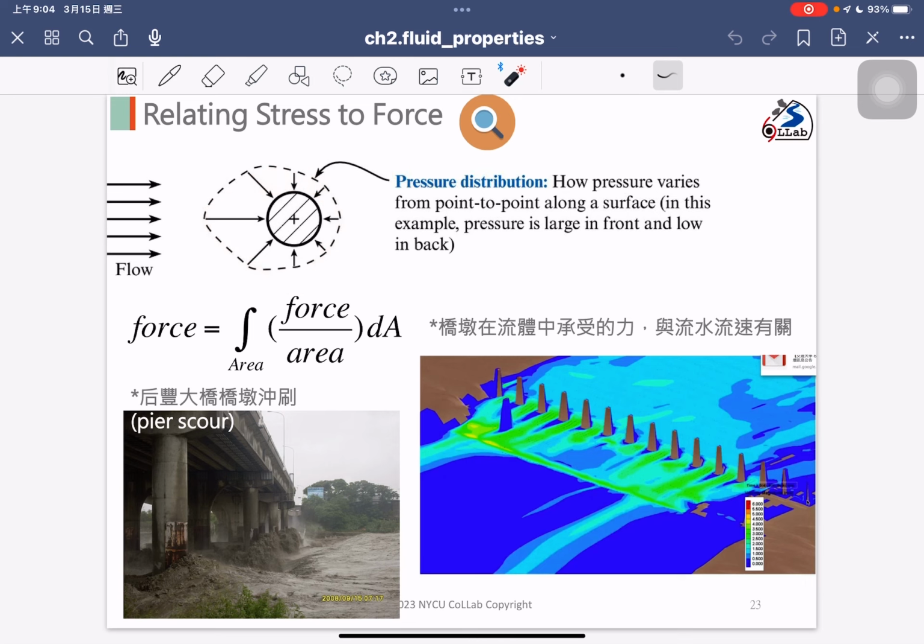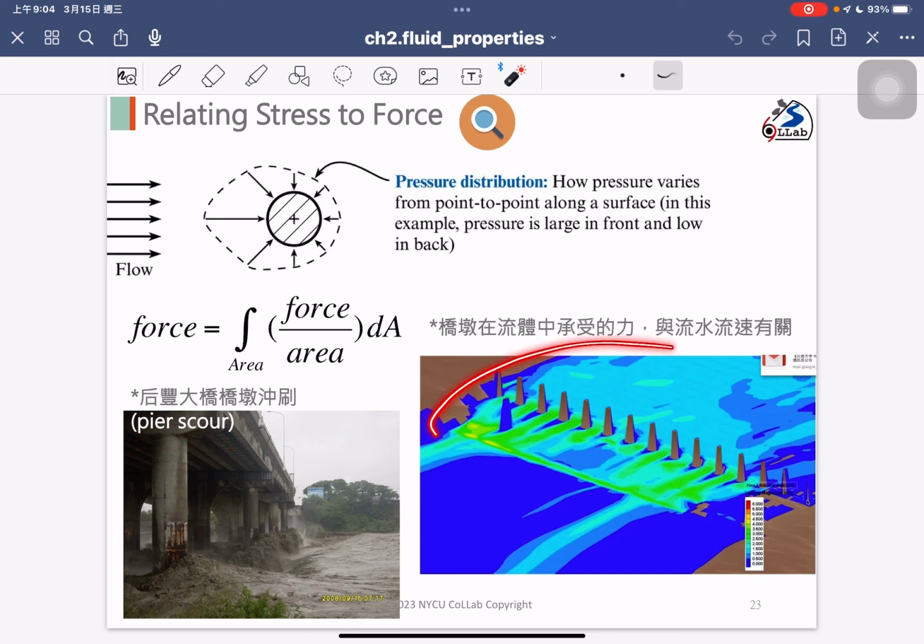You can see very clearly the flow direction is from left to right, and there is a large pressure distribution in the front and a lower pressure in the back. This is a very famous pressure distribution for fluid problems.